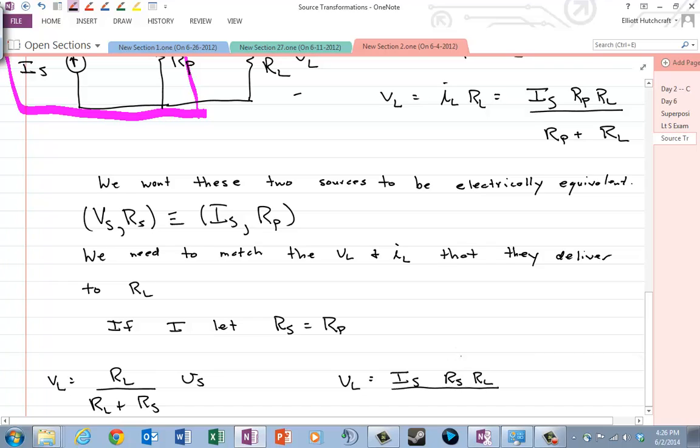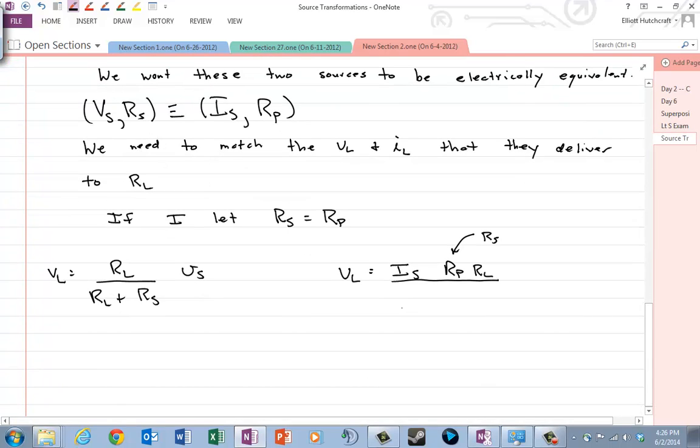So I'll substitute RS for RP, making it RL plus RS in the denominator.